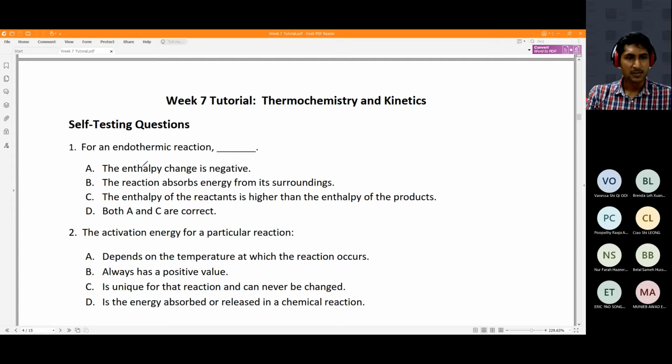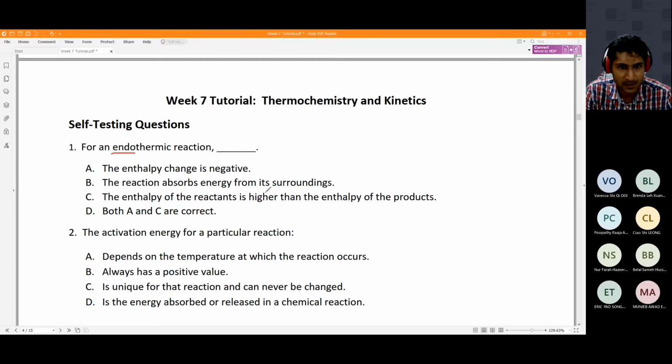Okay, so question number 1: for an endothermic reaction, what actually happens? Endothermic means it is taking the heat. Exo means exiting, I remember it that way, but endo means it is taking up the heat from the environment.